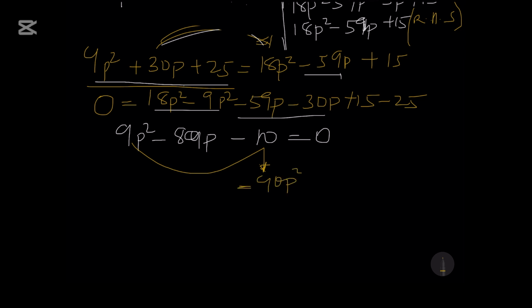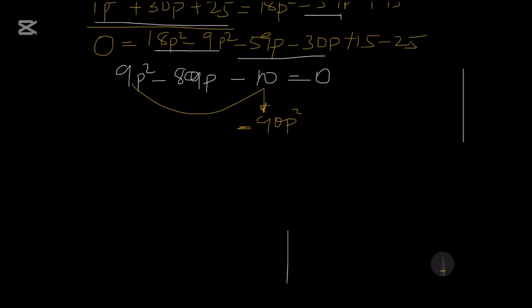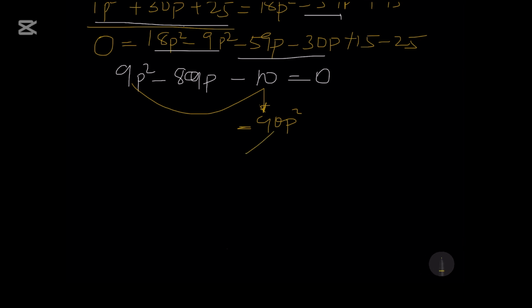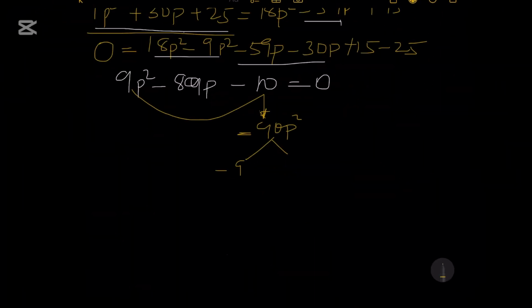You can decide to use the formula method also, so I'm using the factorization method in this case. Depending on how the case may be, you can decide to use any method. So our expression will be 9p square minus 90p plus 1p minus 10 equals 0.